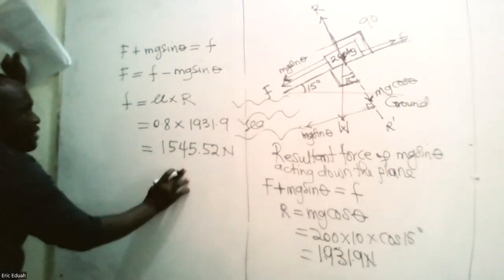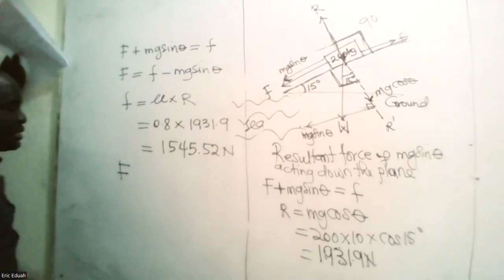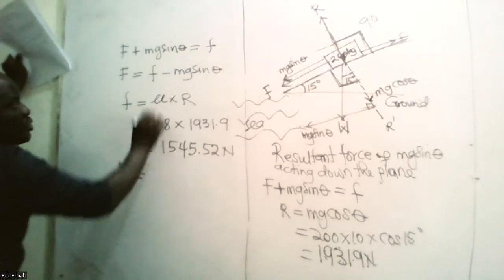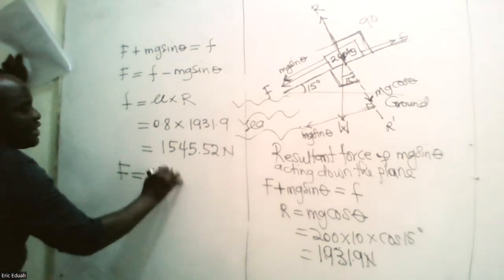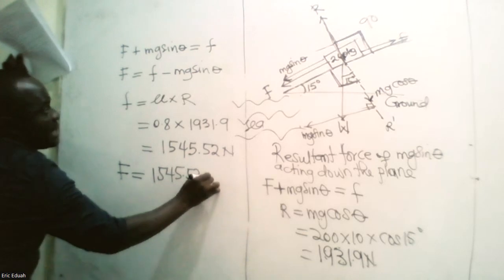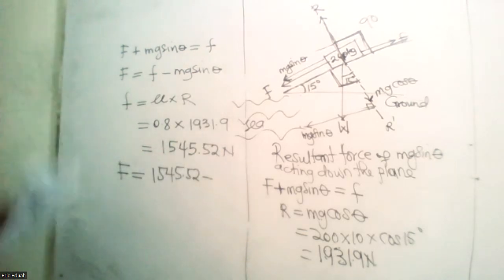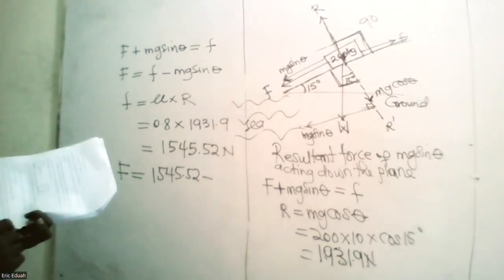So if there is a frictional force, then the force pulling the boat F would be equal to 1,545.52 minus mg sine theta. What will be the value of mg sine theta?